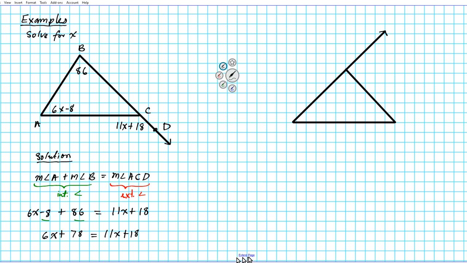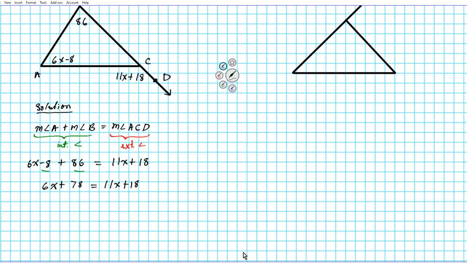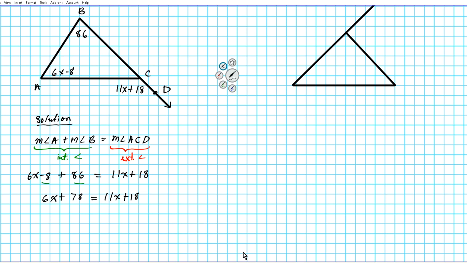So all we do is move the x's to the right side, moving to the bigger x variable coefficient, and then move the numbers to the left. Okay, so let's go ahead and subtract 6x from both sides. That will move the variables to the right, and then the constant terms to the left by subtracting 18 from both sides of the equation.